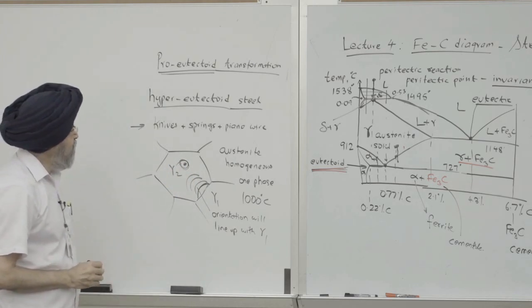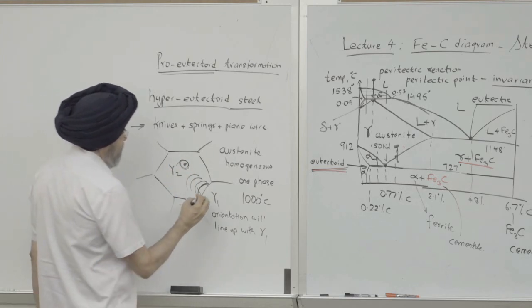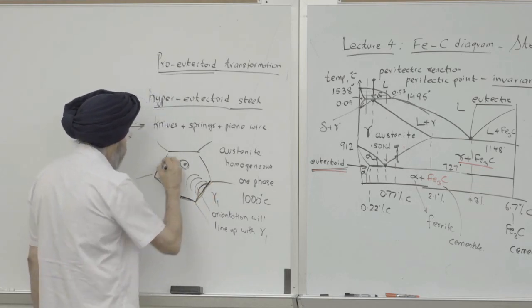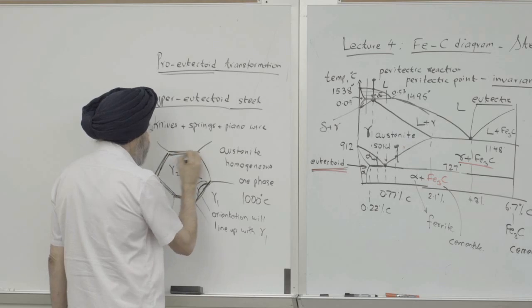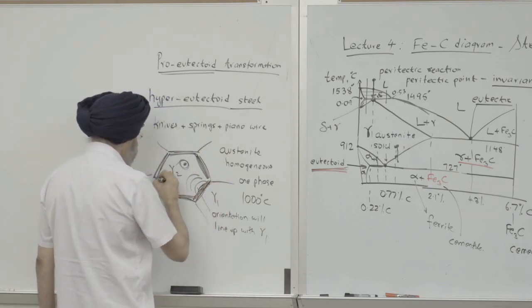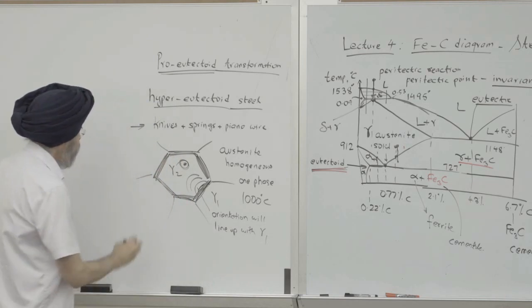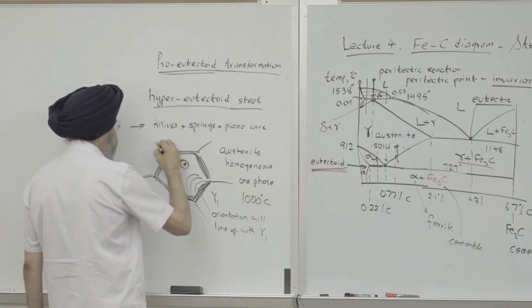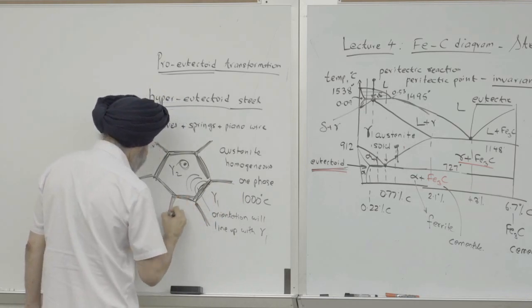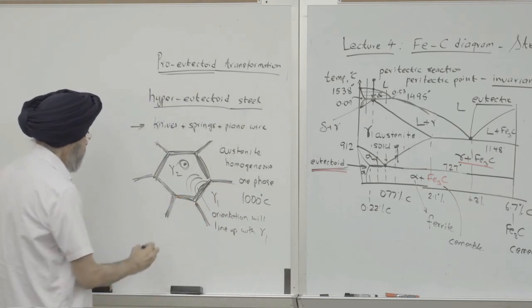Now one problem with cementite growing is it can actually grow and consume all the grain boundaries. So now notice that you have complete coverage of all the grain boundaries with cementite.